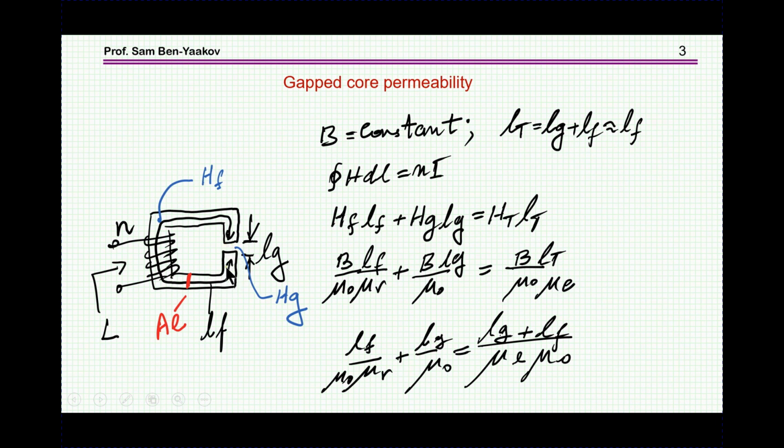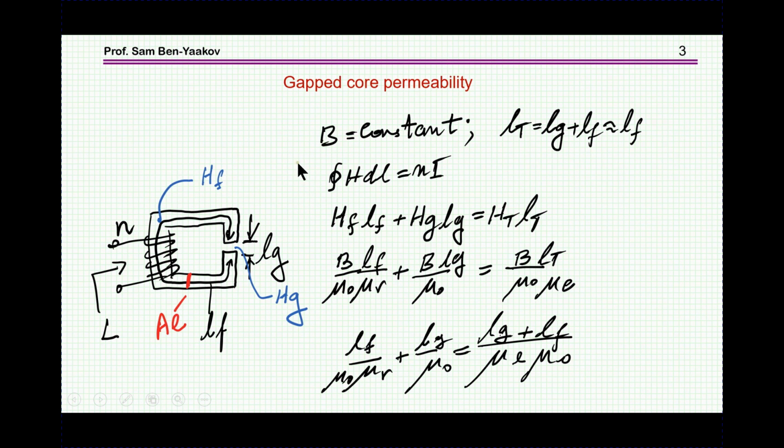I'm assuming B is constant all over, save the fringing effect, which I'm neglecting. But then we have, of course, magnetic field within the ferrite. This is H sub F, and then we have a magnetic field within the gap.